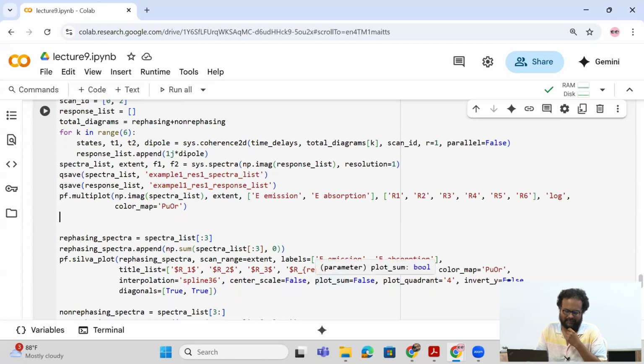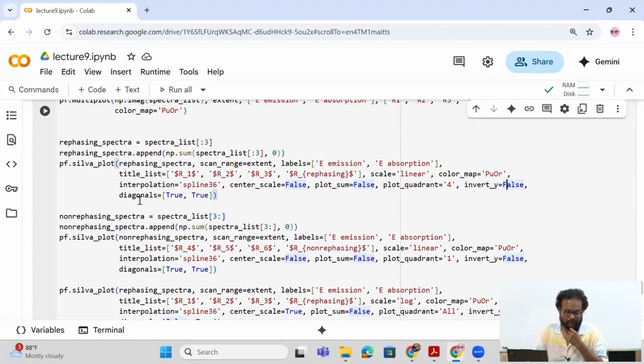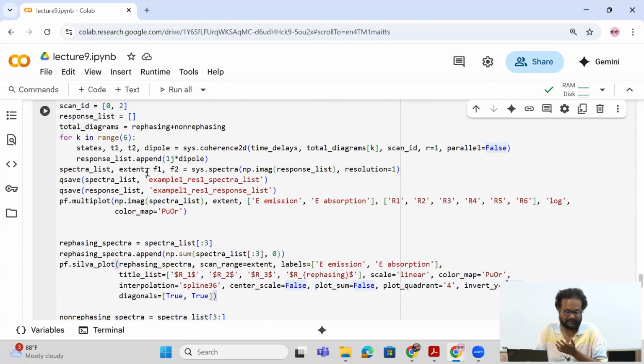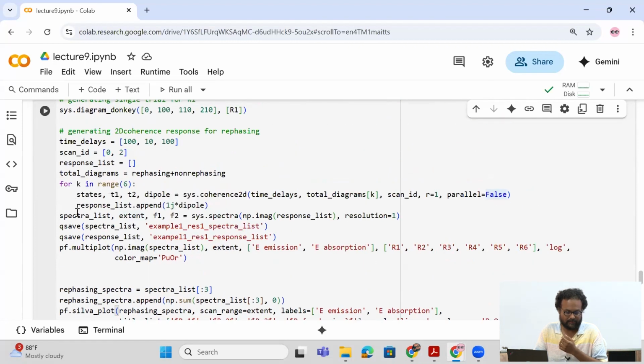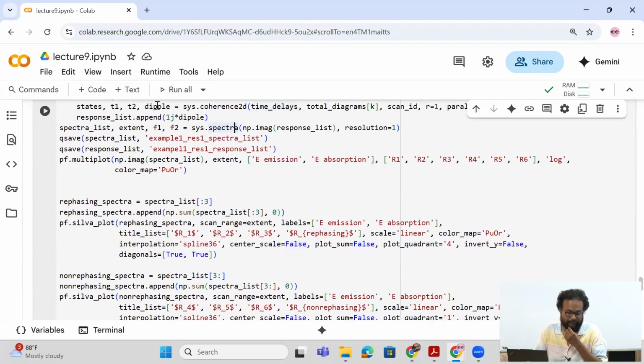A bunch of things, but these are mostly plot function properties. We also plot diagonals here. Same way for non-rephasing from the spectra list, which is calculated here, using the function spectra, which takes a response list that basically uses a dipole calculated from the coherence 2D.